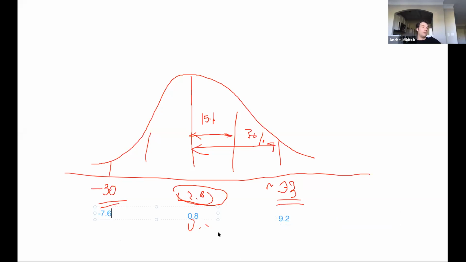So that's the way we're interpreting this as a measure of risk. We're saying that we're likely to get about 1% monthly, but in the worst case, we would probably not lose more than 7.6%. And that is basically how we're measuring risk.